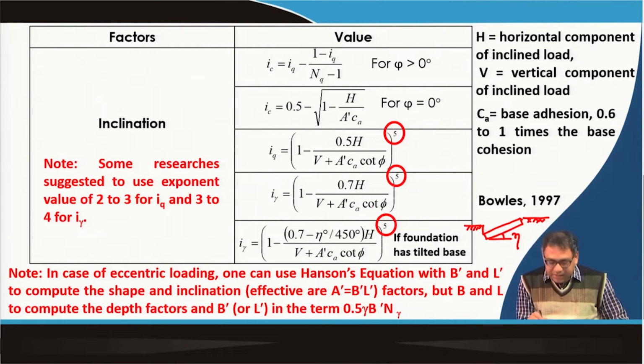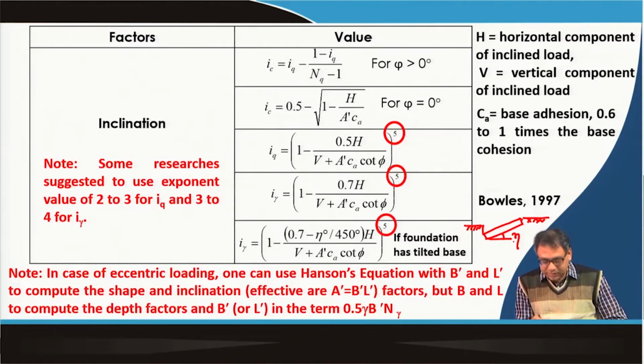So, the first I gamma expression we use when the foundation base is horizontal, but the second I gamma equation we will use if the foundation has a tilted base with an angle eta. Okay. So, remember that.